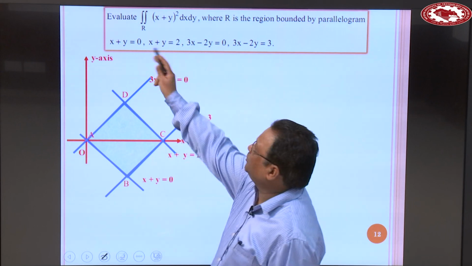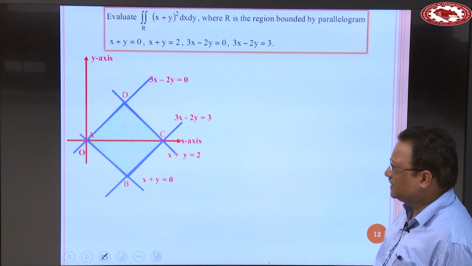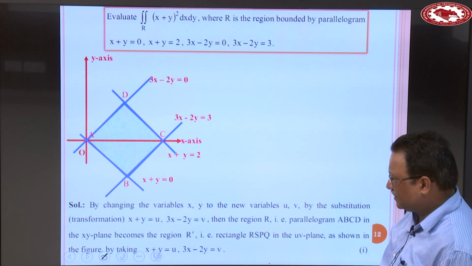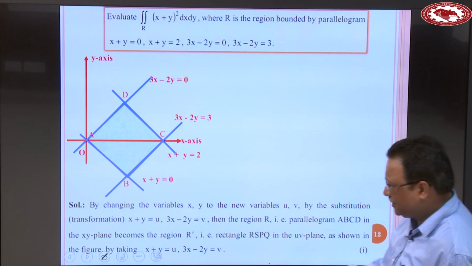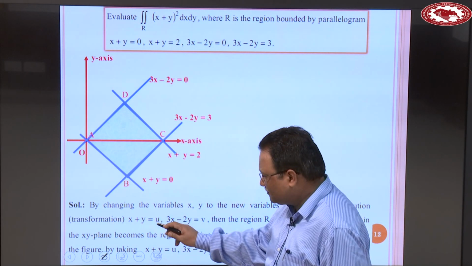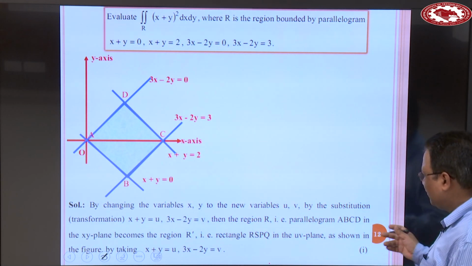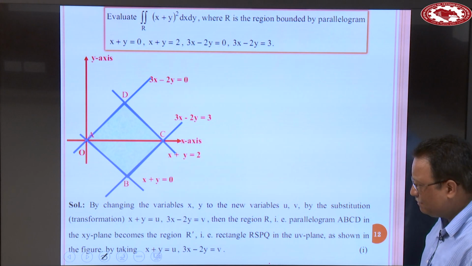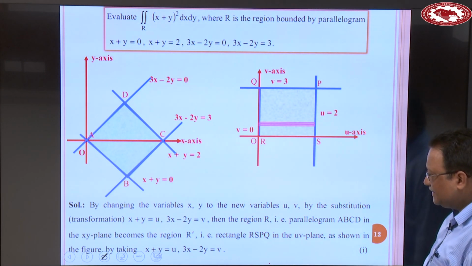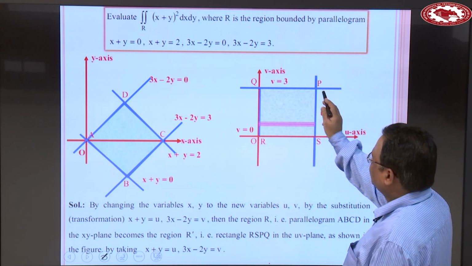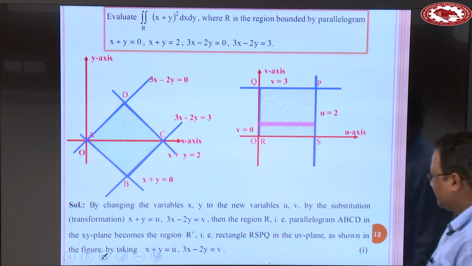Then u varies from 0 to 2 and v varies from 0 to 3, and we can draw a rough sketch of the u and v axes. So by changing the variables x, y to the new variables u, v by the transformation x plus y = u, 3x minus 2y = v, the region R, that is the parallelogram ABCD in the xy plane, becomes the region R dash, that is the rectangle RSPQ in the uv plane, with u axis and v axis as shown in the figure.